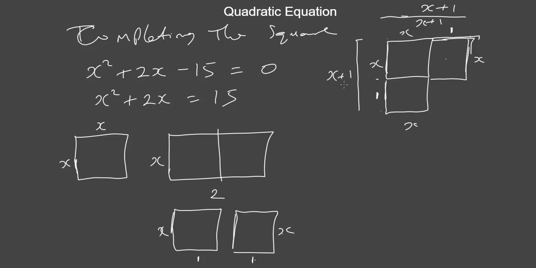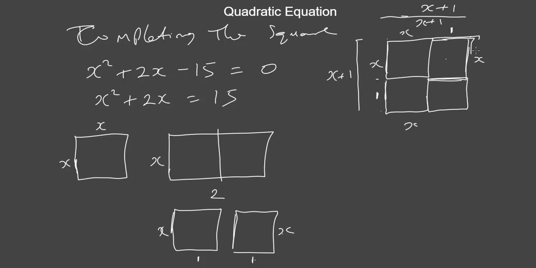So the whole idea of completing the square came from this notion: what are we going to get? What should be the dimension of this part that will complete this whole square? If I ask you what should be the length and breadth of this section that will make this a perfect square, that is x plus 1 on this side, x plus 1 on this side.